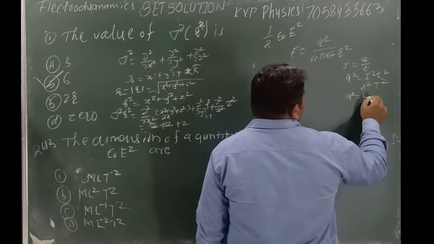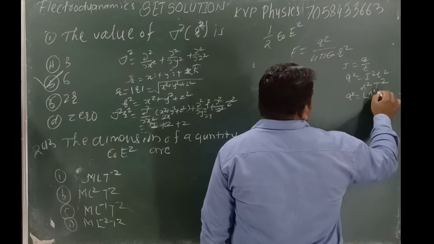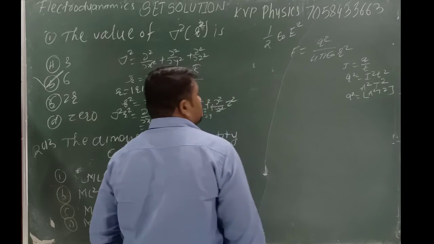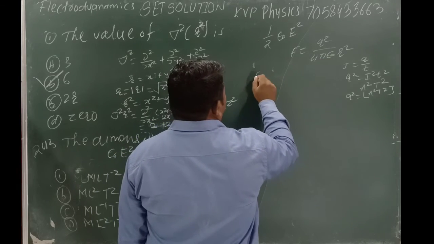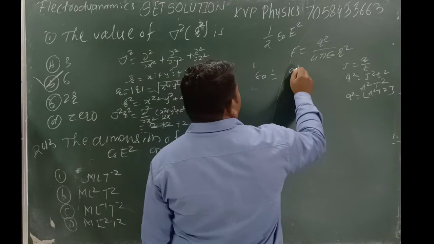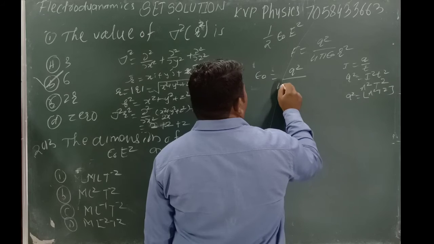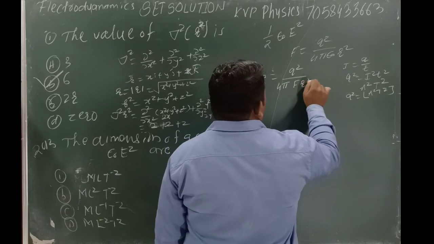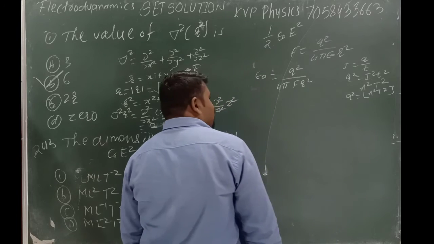Ampere square T square. Then epsilon naught is equal to Q square upon 4 pi F r square. 4 pi has no dimension.